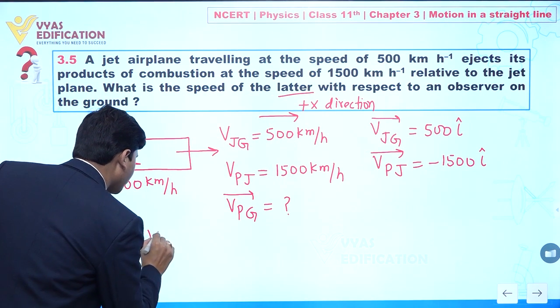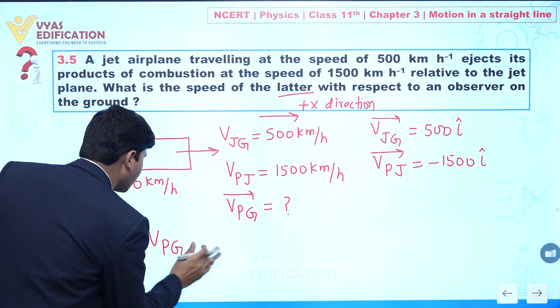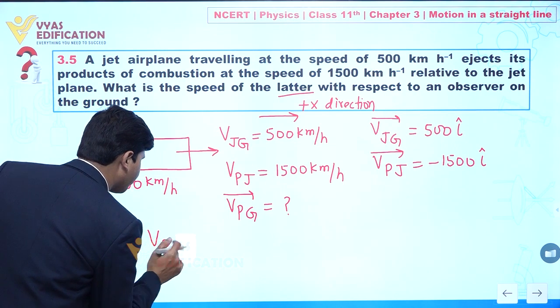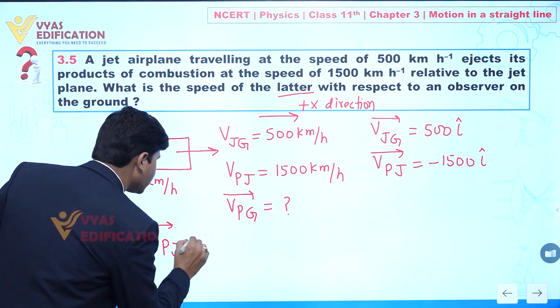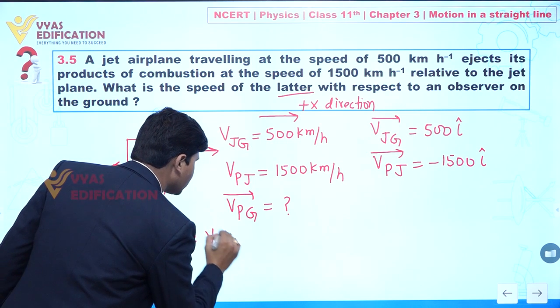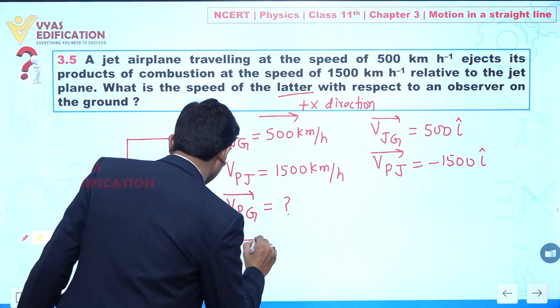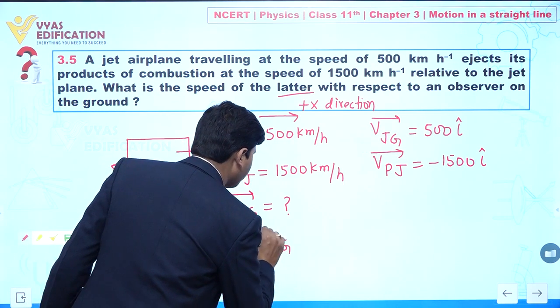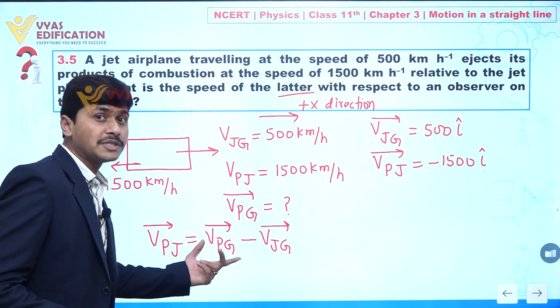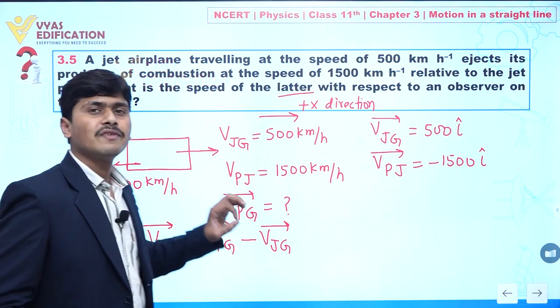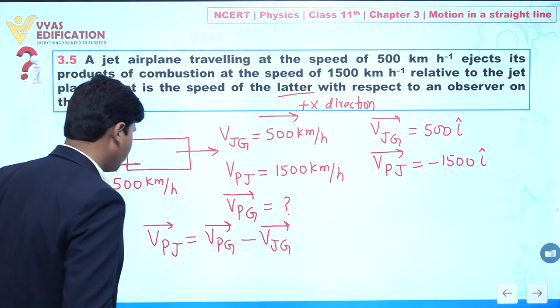Velocity of product of combustion with respect to jet is equal to velocity of product of combustion with respect to ground minus velocity of jet with respect to ground. Our objective is to calculate velocity of product of combustion with respect to ground.